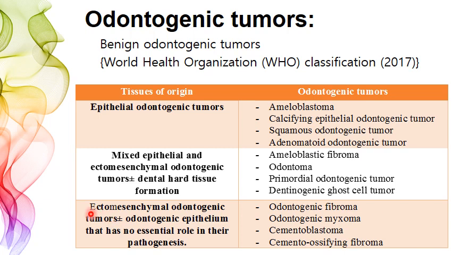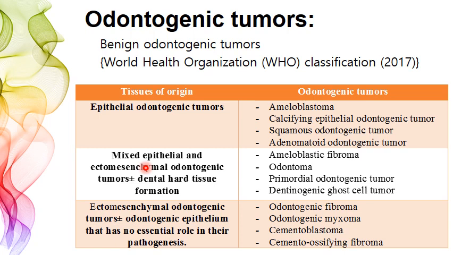The third subcategory is the ectomesenchymal odontogenic tumors. They are tumors derived from the ectomesenchymal tissues, with or without odontogenic epithelium. This odontogenic epithelium has no essential role in their pathogenesis, so we cannot say they are mixed.